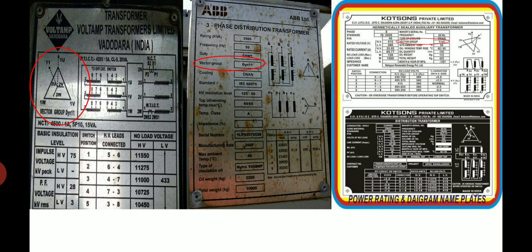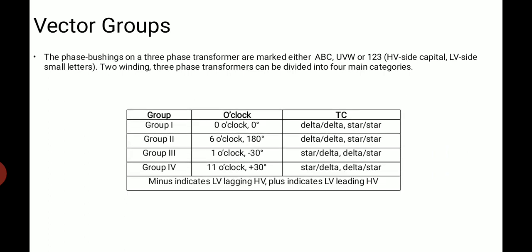In the vector group representation, the first capital letter always indicates the primary connection and the second small letter always indicates the secondary connection. Whereas, the third numerical figure shows the angle of phase shift, which is based on the clock convention.